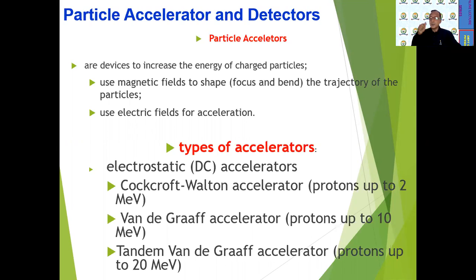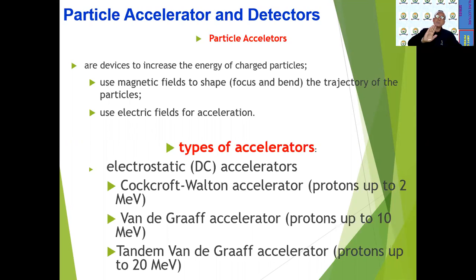I have explained: in order to increase the rate of our nuclear reaction, the charged particles which are used should have more energy, so that the rate of reaction will be increased and the reaction will happen in a short period of time.